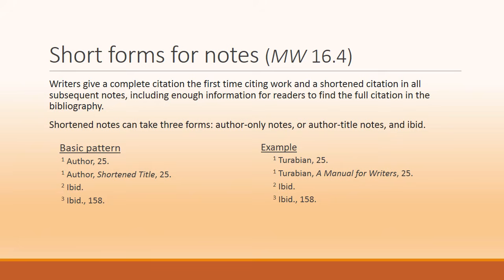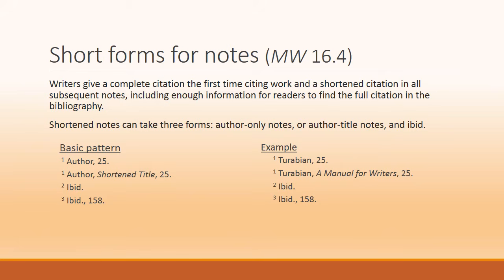Chicago style makes extensive use of short forms for notes. Writers give a complete citation the first time citing a work, and a shortened citation in all subsequent notes, including enough information for readers to find the full citation in the bibliography.